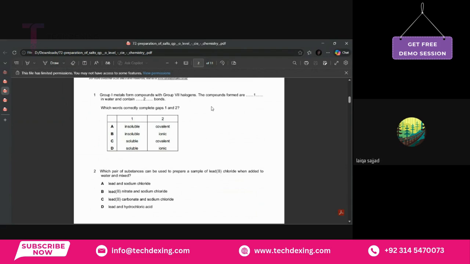Are they soluble or insoluble? Group 1 metals form compounds with group 7 halogens. The compounds formed are soluble or insoluble.